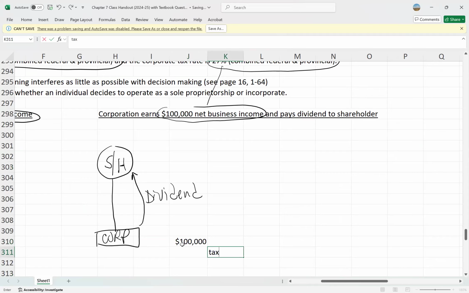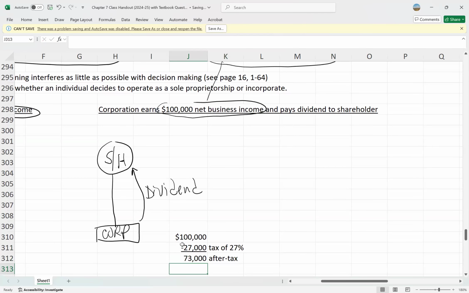They pay tax of 27%. So the amount that the corporation will have after tax will be 73,000. And now they'll pay that $73,000 dividend to the shareholder. And so that shareholder will now have dividend income of 73,000.